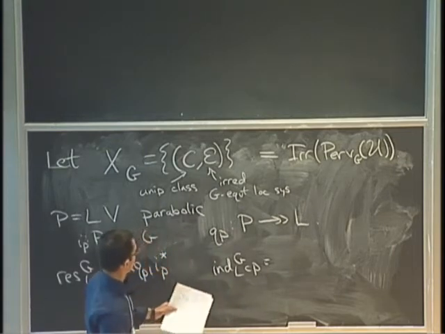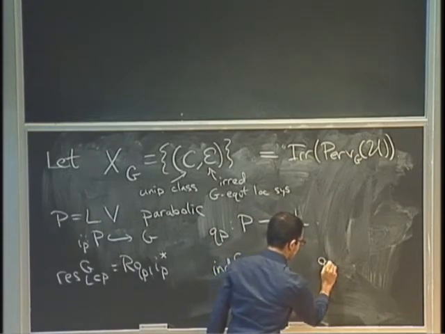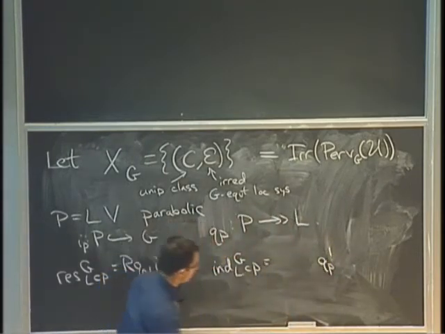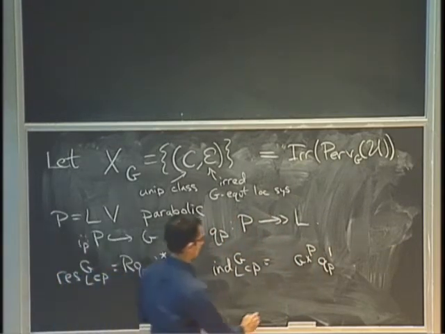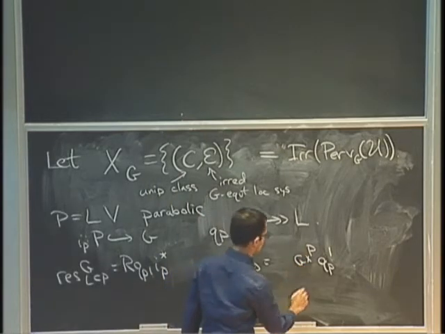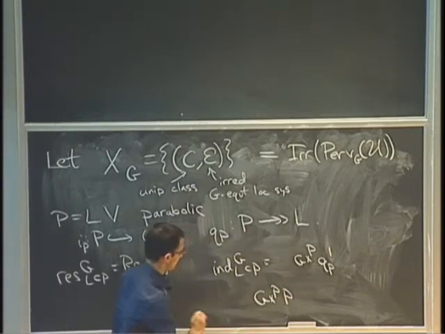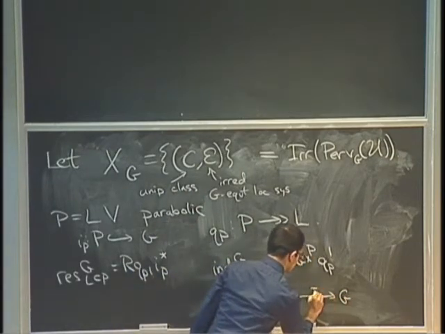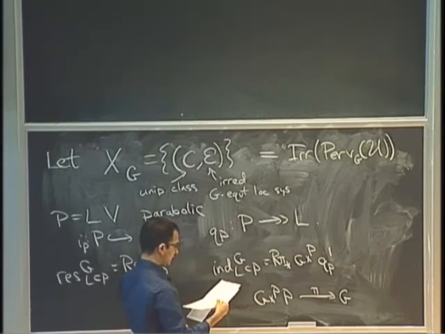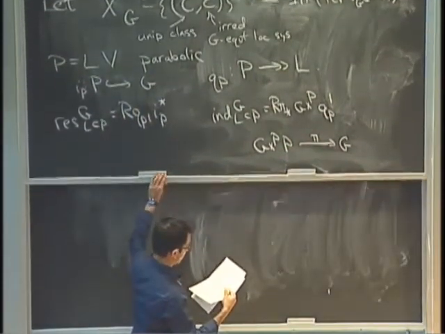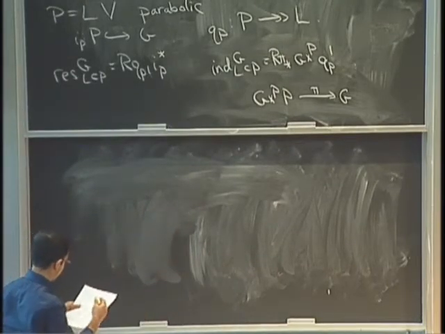So for the induction functor, starting from a sheaf on the Levi, you pull back along q_P, except it's the Schrieg pullback, and then you do this G cross upper P construction that I described yesterday, and that gets you to a sheaf on G cross upper P with P. And then that maps to G, so then the last step is push forward along that. So let me maybe draw a little diagram that shows where some of these things are supported.